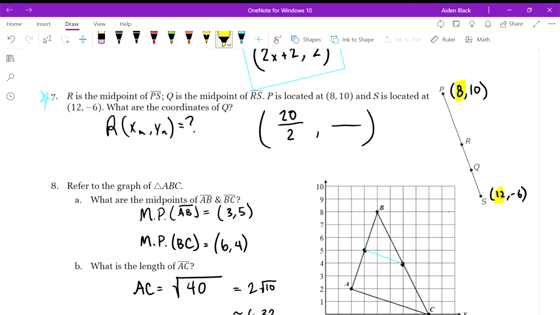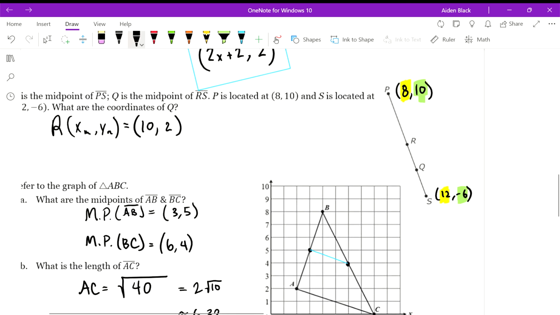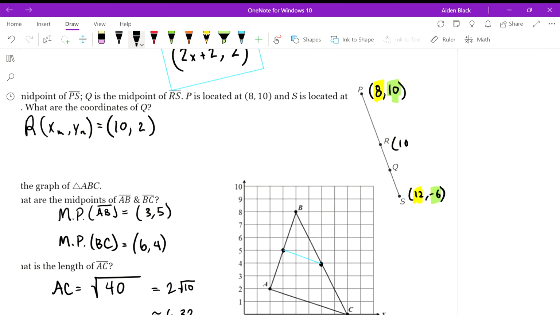And then what is 10 plus negative 6? That should be 4. So R is located at 10, 2. Now, we know this is located at 10, 2.